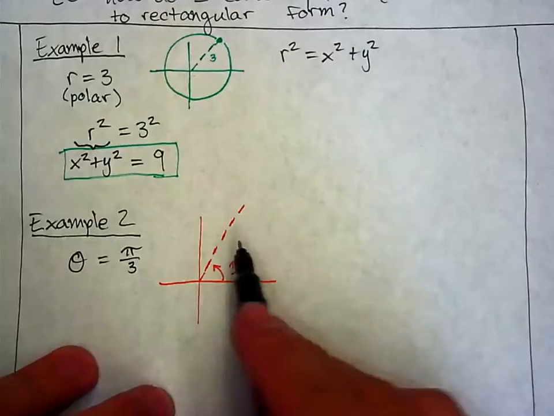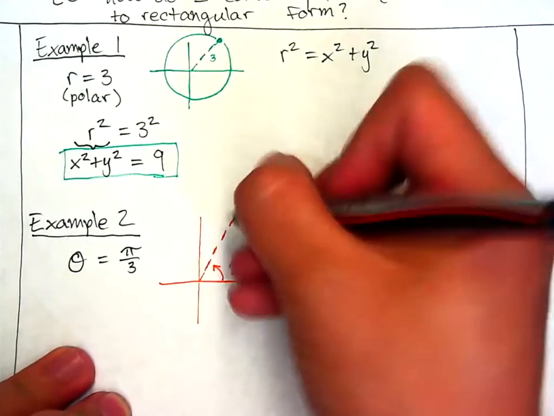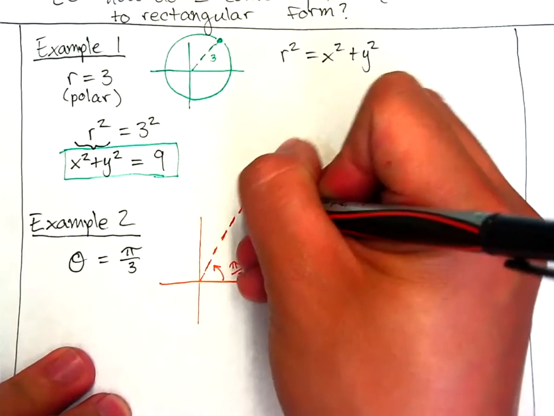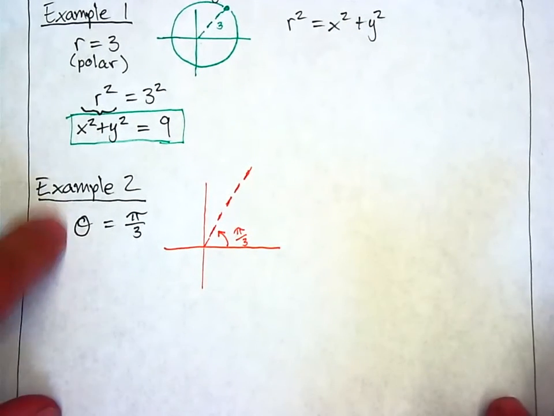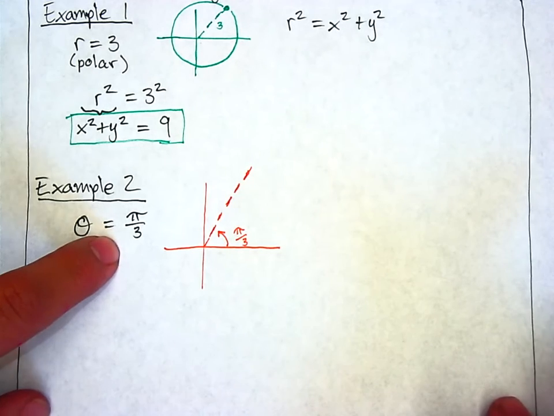And essentially what I'm seeing is that it's going to become a straight line. So the equation that should result is a linear equation. So we're going to see how exactly does this turn out with just a theta and some radian value.